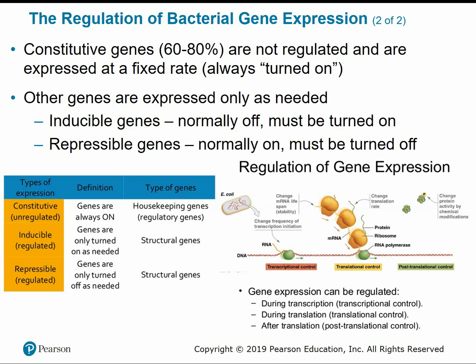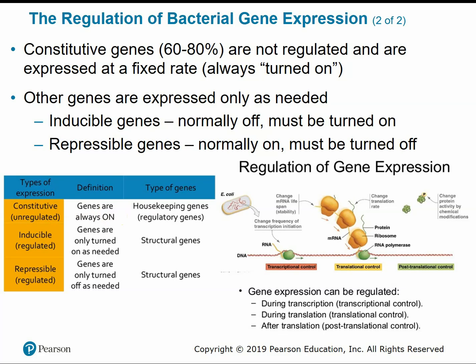Many genes, roughly 60 to 80%, are not regulated and instead are considered constitutive. So these constitutive genes are constantly expressed at a fixed rate. So ultimately, they're always turned on. You can think of them as the genes that help to constitute or make up an organism or a cell and its function.